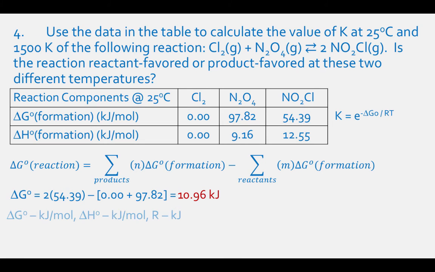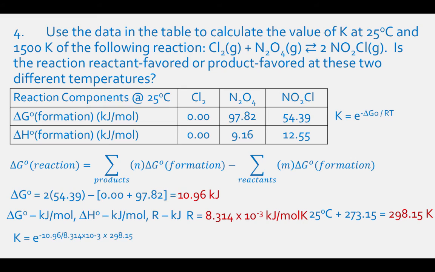To solve for our K value, let's consider units. Since we have our delta G and delta H values in kilojoules, let's convert our R values to kilojoules. This will equal 8.314 times 10 to the negative 3 kilojoules per mole times Kelvin, and our temperature also needs to be in Kelvin. 25 degrees Celsius plus 273.15 equals 298.15 Kelvin.